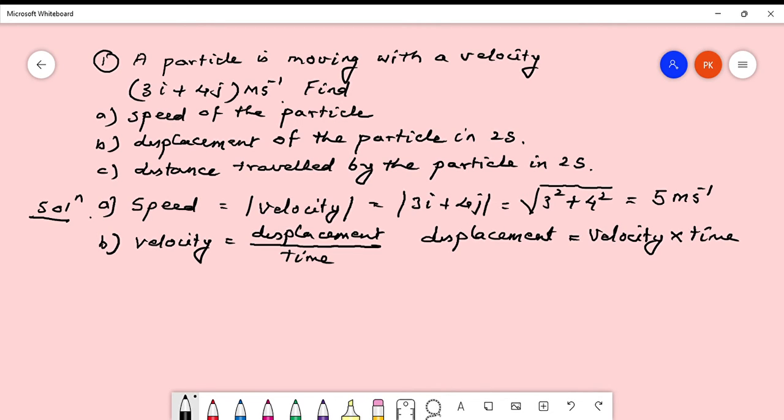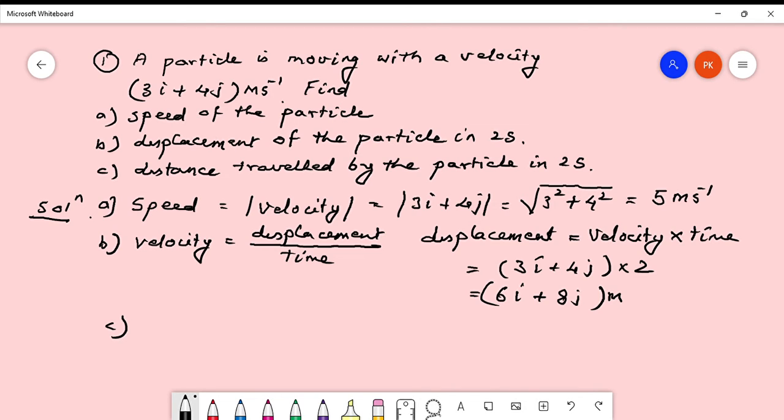So that is 3i plus 4j into 2, which is 6i plus 8j. So that is the displacement of the particle in 2 seconds.